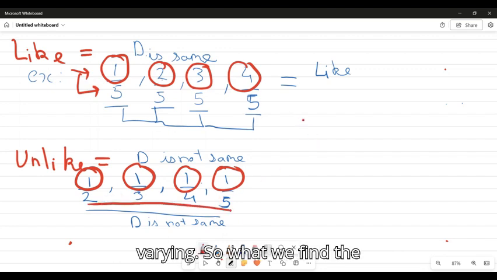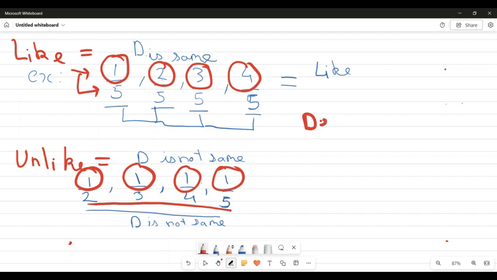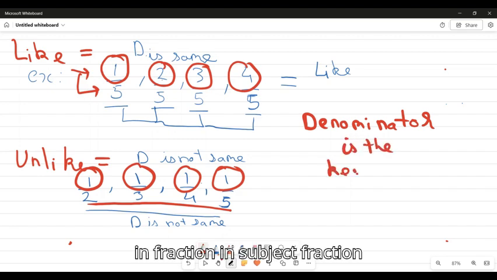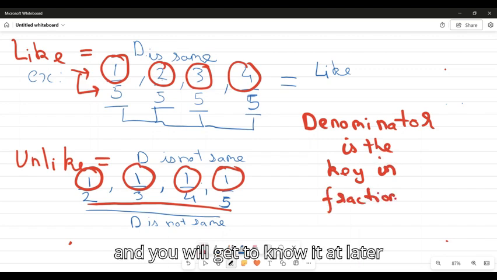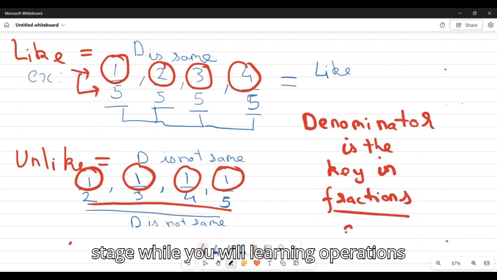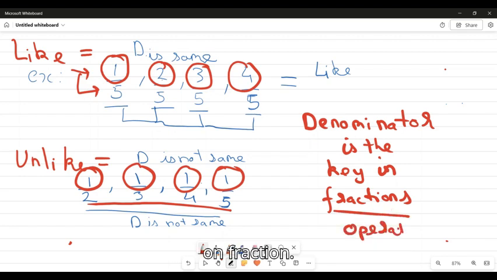So what we find is that the denominator is the key in the subject of fractions, and you will get to know it at a later stage while you are learning operations on fractions.